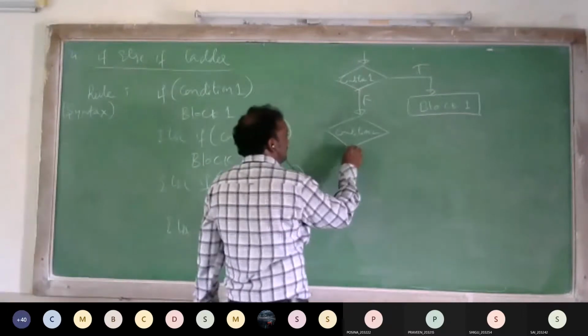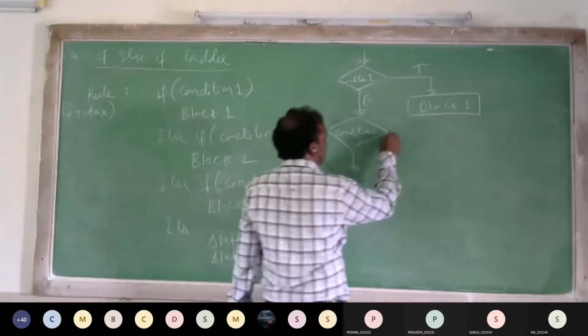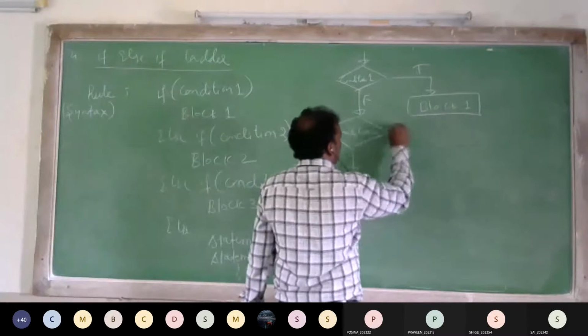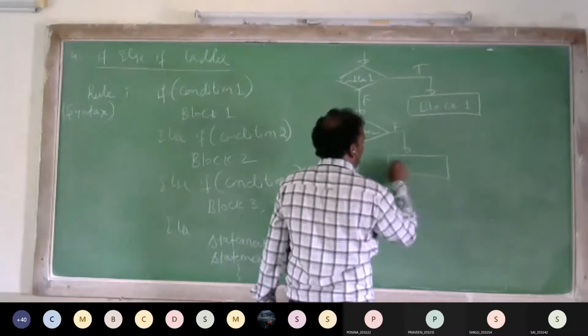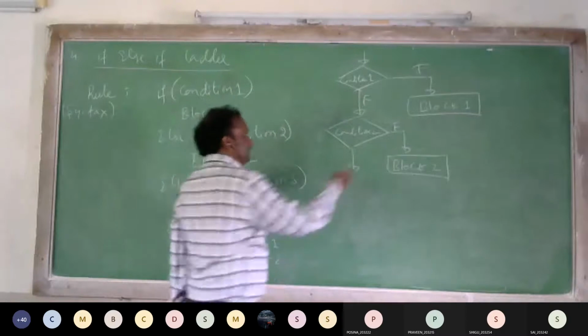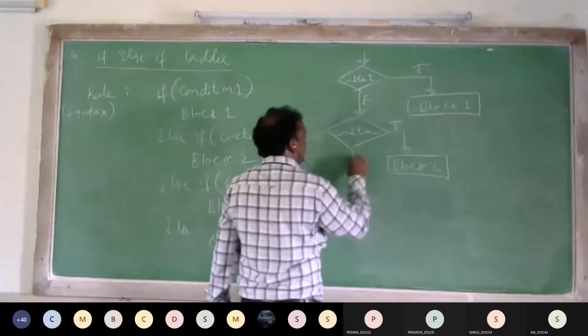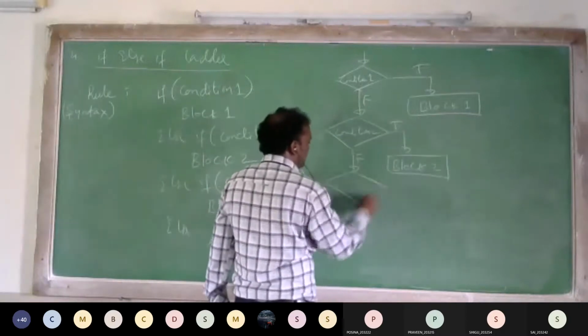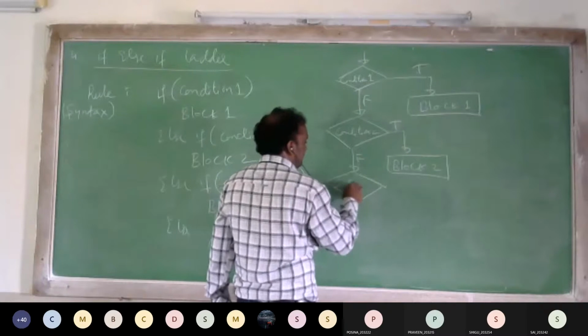If condition 2 is true, it will execute block 2. If it is false, then it will test for condition 3.